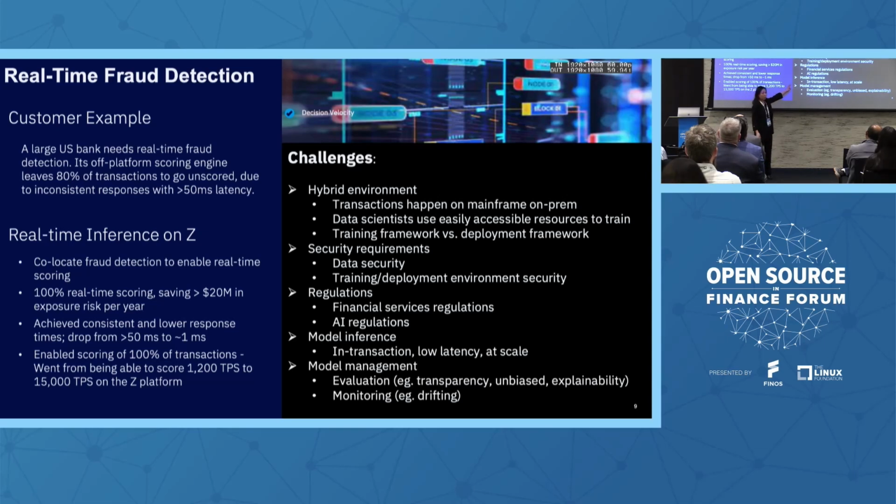Model inference, we look at different use cases, and some of the use cases really have low inference latency requirements. Some may relax a little bit. You may be able to do batch inferencing, but there are some you cannot, right? Model management, this is the ecosystem I mentioned, right?